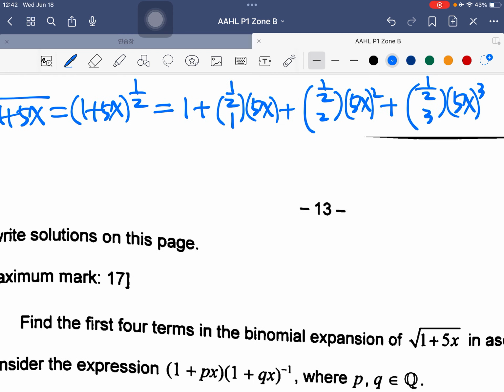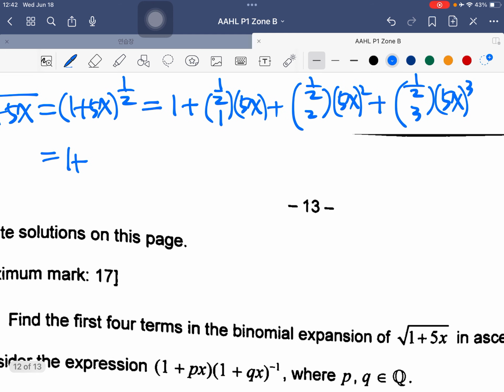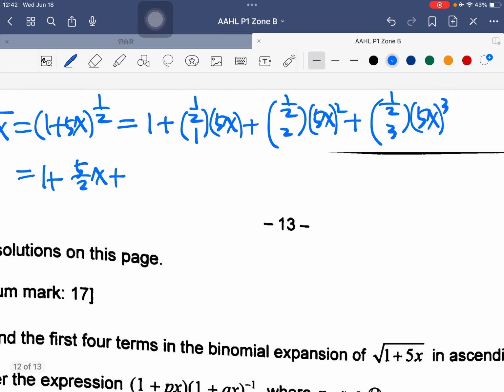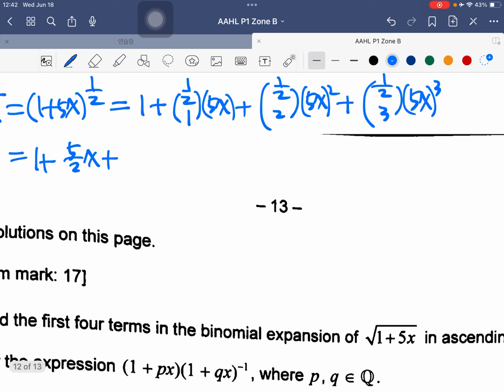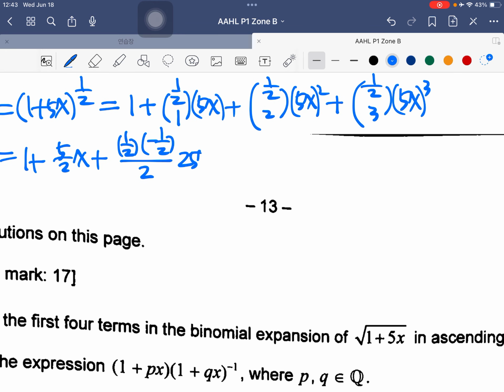Okay, equals 1 plus 5 over 2 x plus, that's the 1 over 2 combination 2: 1 over 2 times minus 1 over 2, 2 factorial is 2, 5x squared is 25x squared.